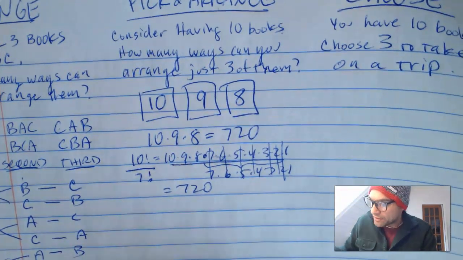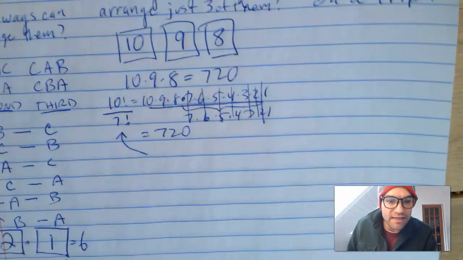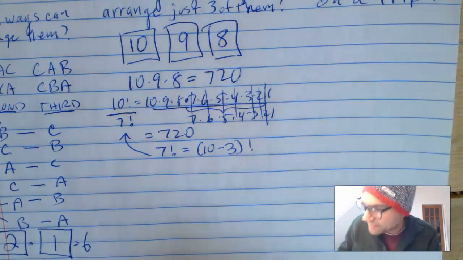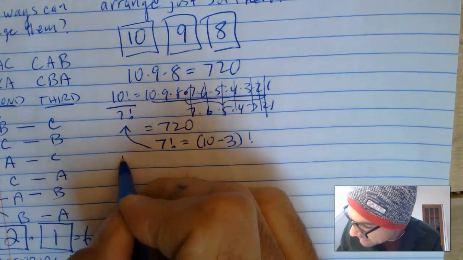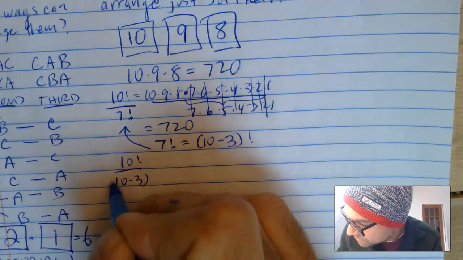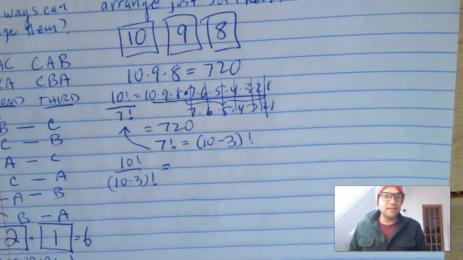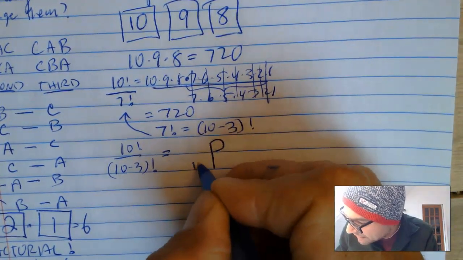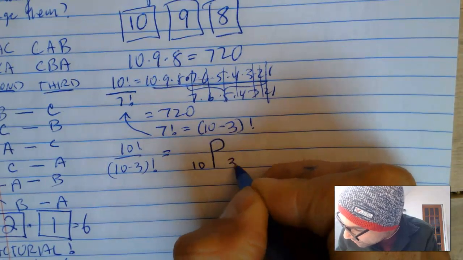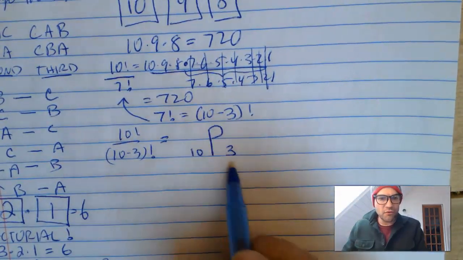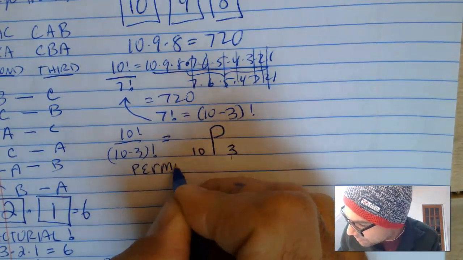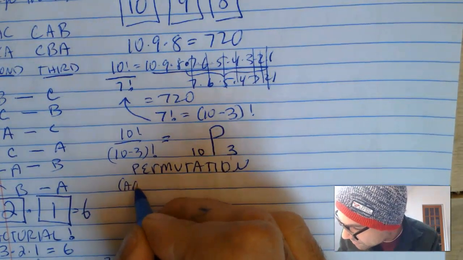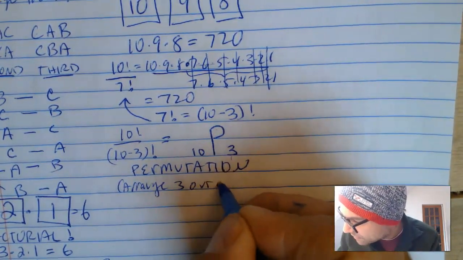Now, notice 7 factorial is the same thing as 10 minus the number you are choosing, factorial. So I could rewrite this thing as 10 factorial over 10 minus 3 factorial. And in fact, that is a special thing in math called permutations, which is 10 pick and arrange 3. 10 pick and arrange 3 is called a permutation, which is arrange 3 out of 10.